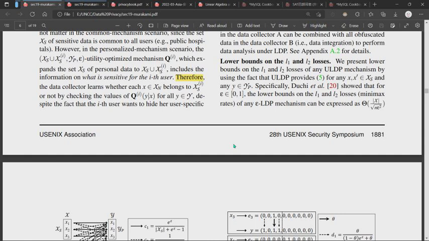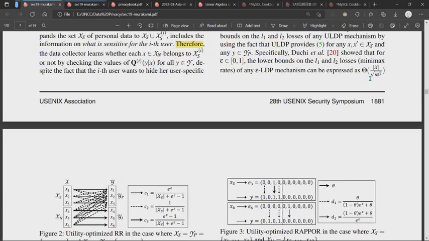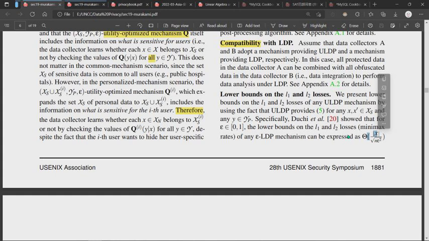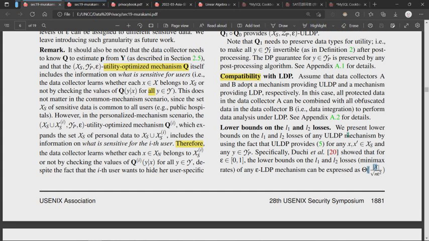But how does this work? I don't know what the notation is. N epsilon squared, I don't know where this is from, to be honest. I don't know what this is or where it's from.